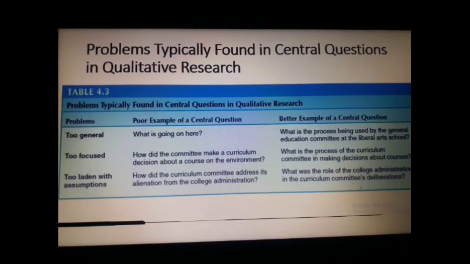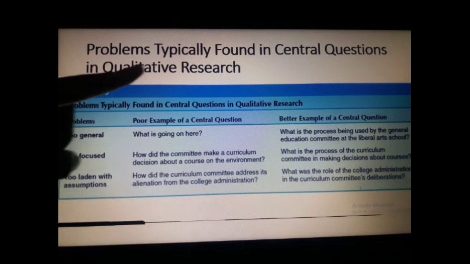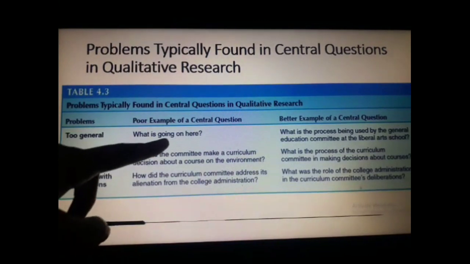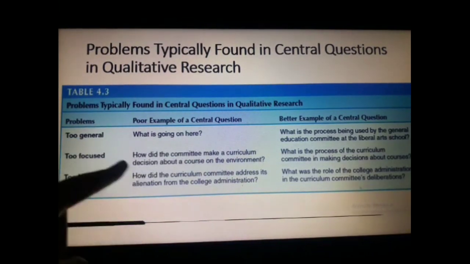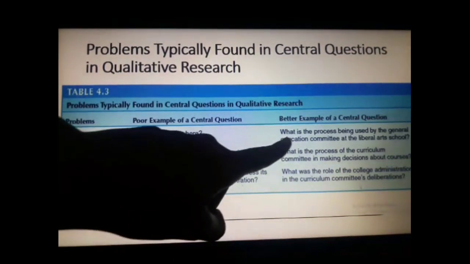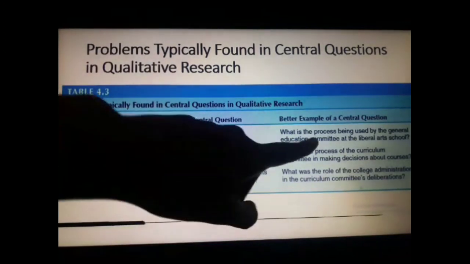Next, we have problems typically found in central questions in qualitative research. First is too general. For example, what is going on here? This is also informal, right? A better example is what is the process, and so on.